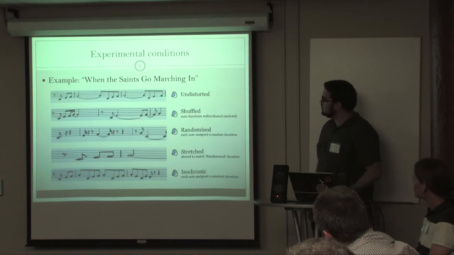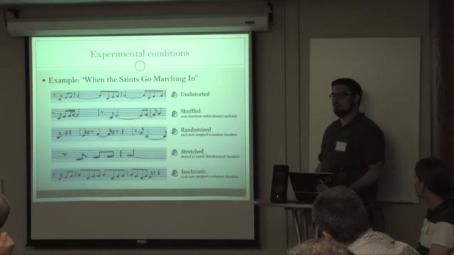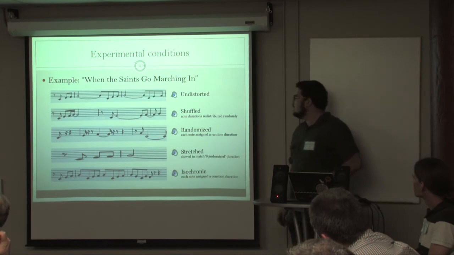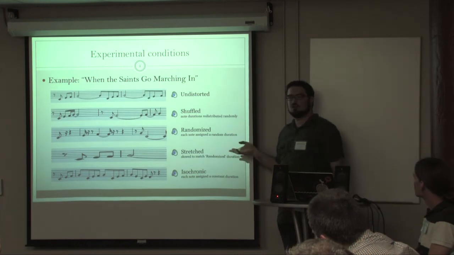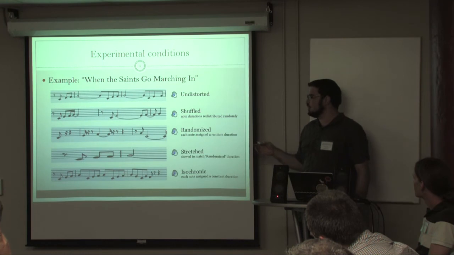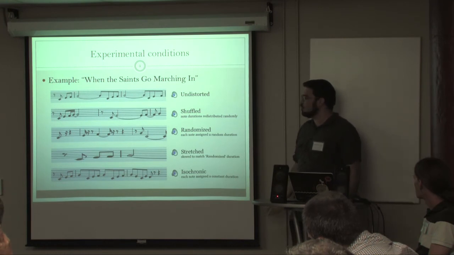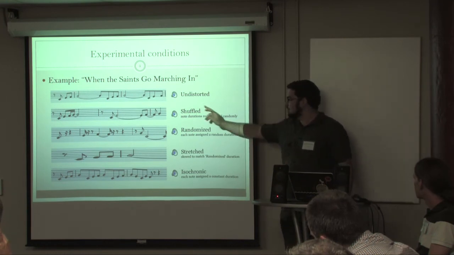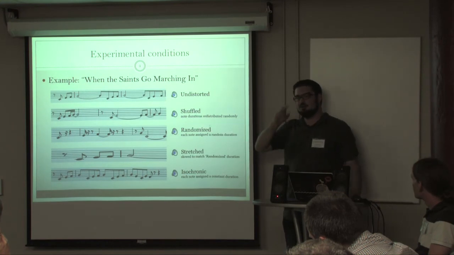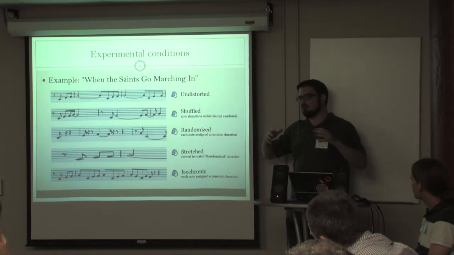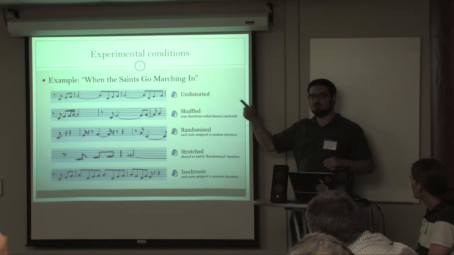Hoping to address these issues, we've run this study. We have the same sort of paradigm where people recognize melodies and write down the name, but we have slightly more complex rhythmic distortions. We have this shuffled condition where every note duration in the melody is gathered and redistributed randomly among the notes.